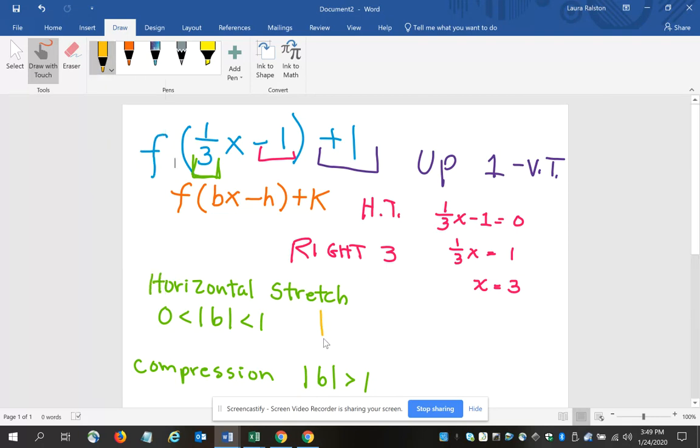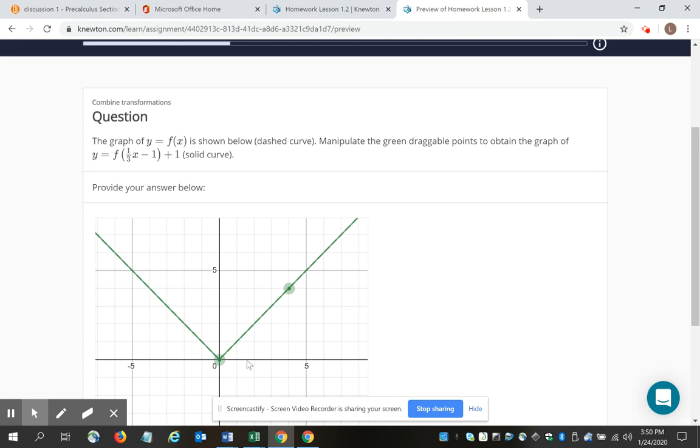So in this case, the B is 1/3, which tells me there's going to be a stretch. And we're going to stretch it, so basically that is 3 times what it would normally be. Okay, and again, that may be hard to visualize here. If you think about this point here, and you're initially at 4, when you do that stretch, that's going to pull it outward.